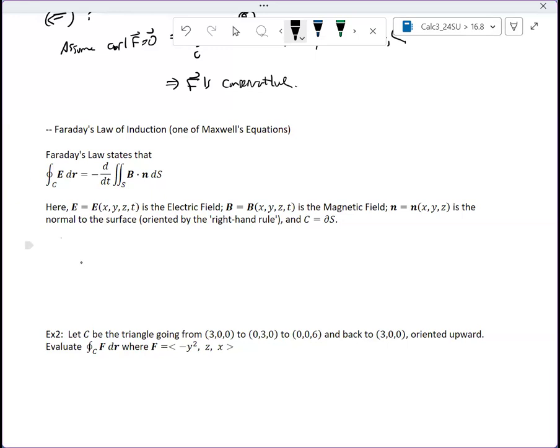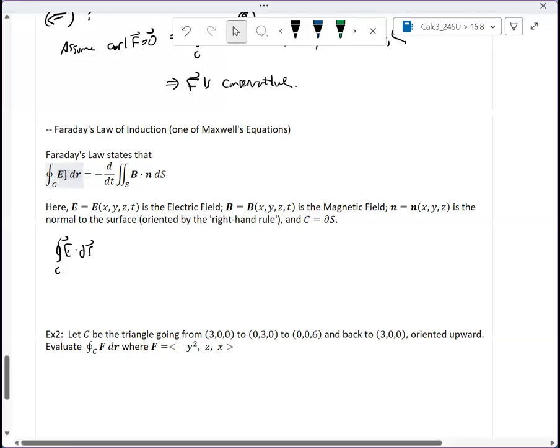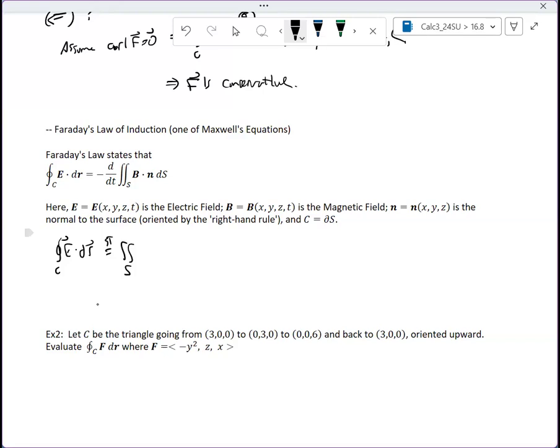So we would like to reframe this in terms of derivatives instead of integrals. How can we do that? Well, we can look at the left-hand side, the integral over C of E dot dr. We can rewrite that by Stokes' theorem as the double integral over the surface, remembering that C is the boundary of the surface S, of the curl, which I'll choose to write this way, grad cross E, dot N dS.